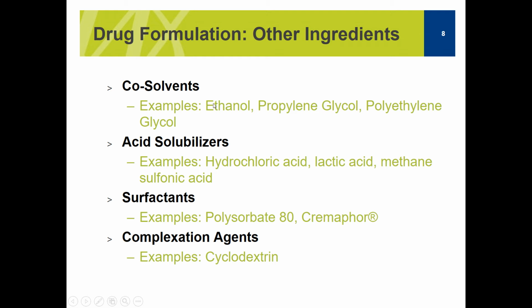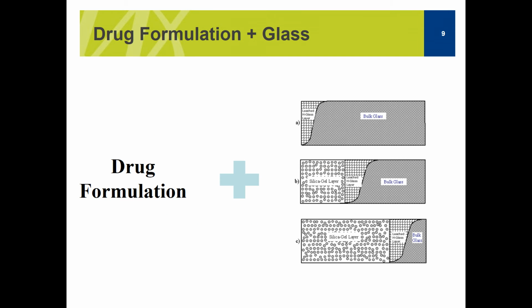Just remember that the more other ingredients we add into our drug formulation, the more they will interact with glass, and the more you're going to get extractables and leachables. Alright, so moving on, let's talk about how these drug formulations interact with glass.